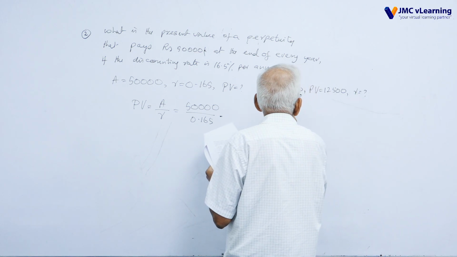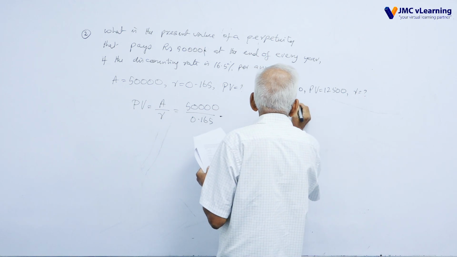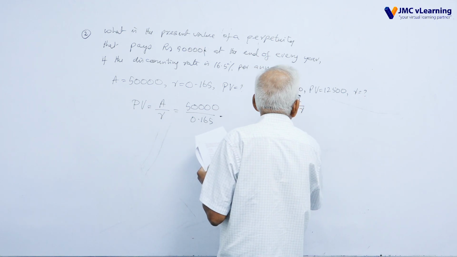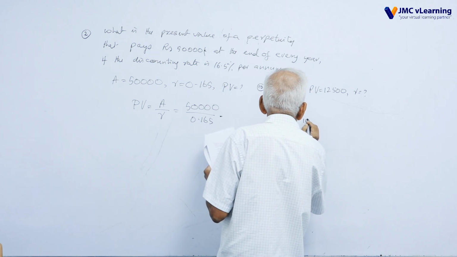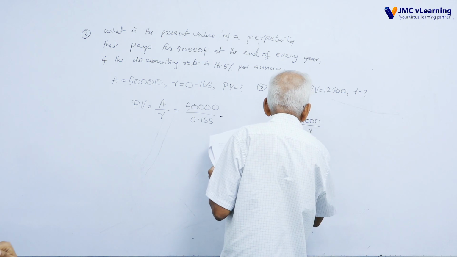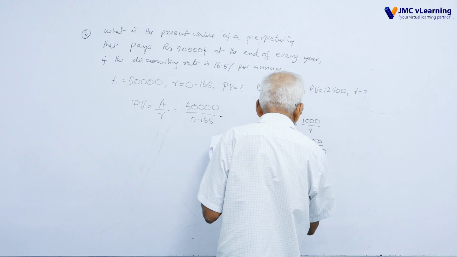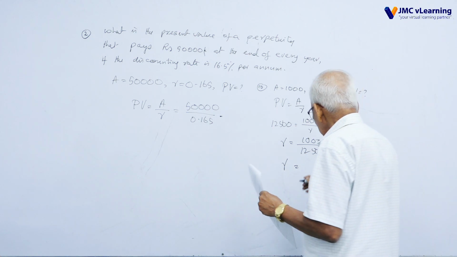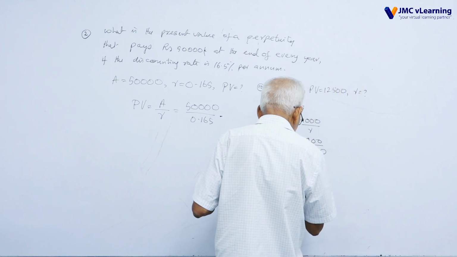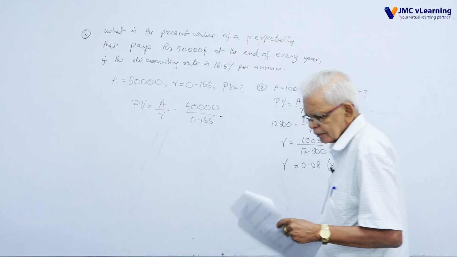This is the formula: PV equals A over R. 12,500 equals 1000 over R. R equals 1000 over 12,500. Calculate this one. 0.08, which means 8%.